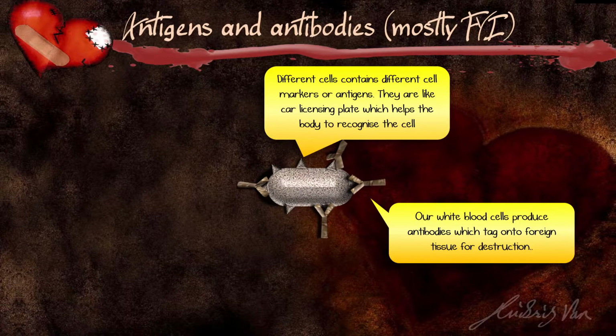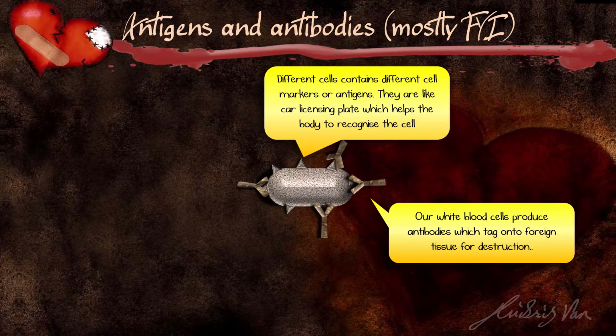This will allow other white blood cells to recognize that it is an invading cell, therefore tagging it for destruction. In the case of blood transfusion, it works a bit differently because the antibody will bind onto the antigen, causing clumping of the blood instead, causing a solid mass.